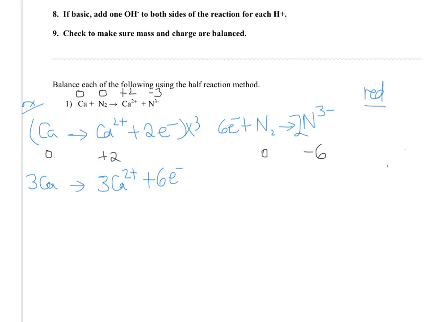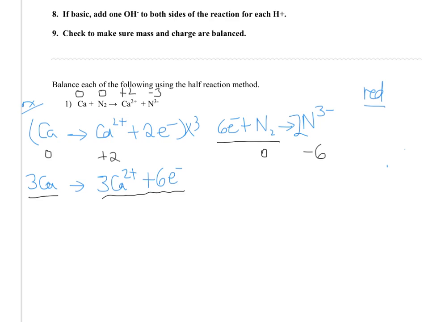So what that means is we're going to add the two of them together, meaning that the reactants for both equations are going to be on the reactant side. We're going to write them all. Then we're going to write an arrow. And then we're going to write the products all together. So let's try to do that.